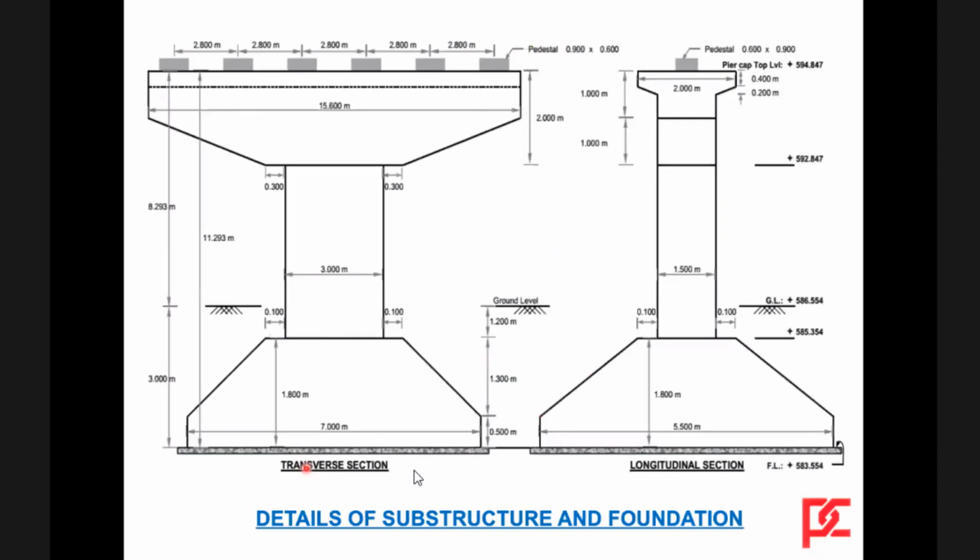And this is the pier cap, with a width of 15.6 meters. The pier is about 3 meters by 1.5 meters, and the open foundations are about 7 meters by 5.5 meters with a depth of 1.8 meters.